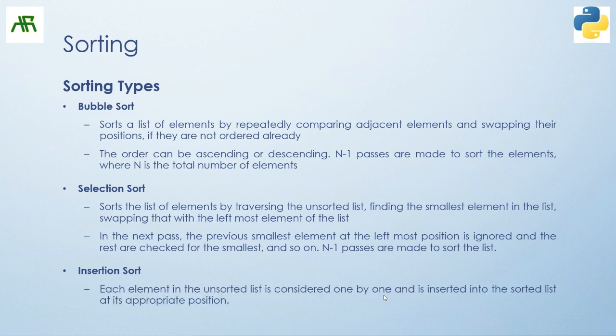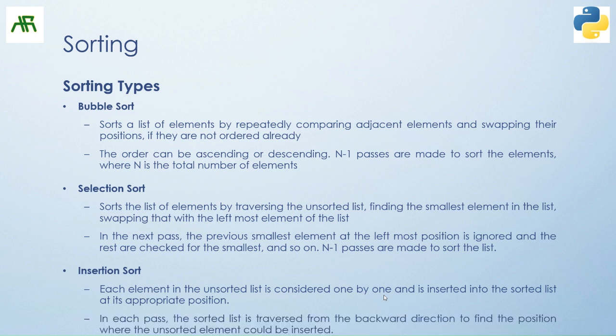Third is insertion sort. Each element in the unsorted list is considered one by one and is inserted in the sorted list in its appropriate position. In each pass, the sorted list is traversed from the backward direction to find the position where the unsorted element could be inserted.